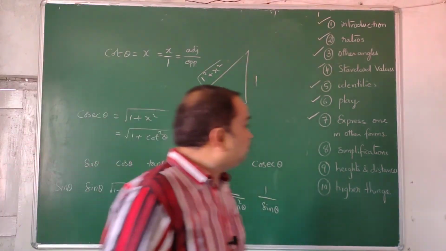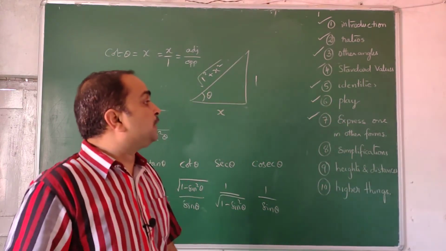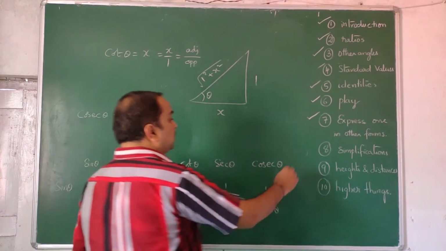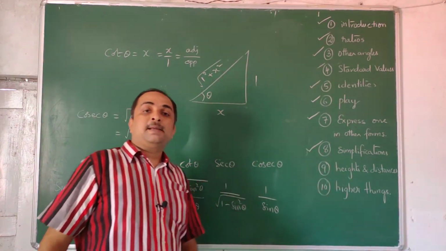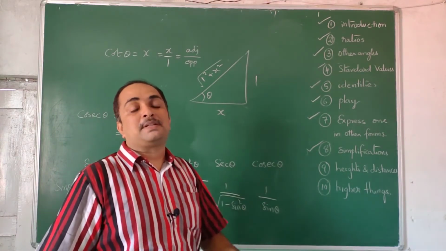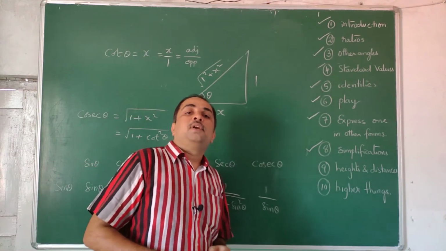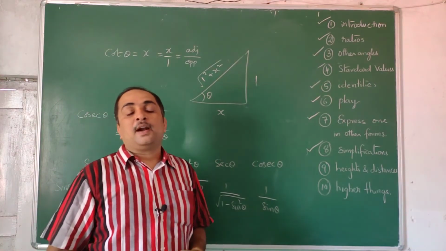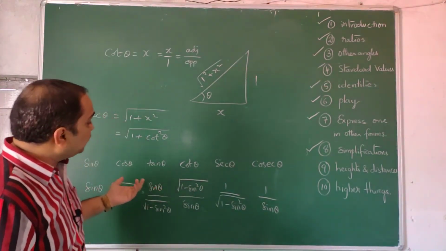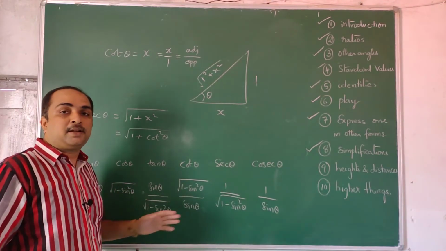This is about expressing one ratio in other forms. Now coming to the next part called simplifications. I accept that I am weak in simplification because my subject is not mathematics, my subject is physics. A lot of textbooks will have a lot of questions regarding simplifications. Most of the simplifications have one technique: whatever ratios are given, try to convert them into sine and cos.